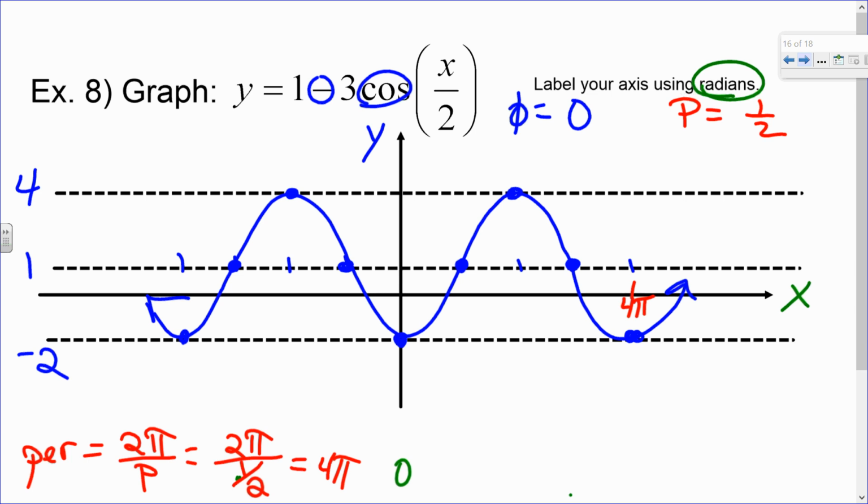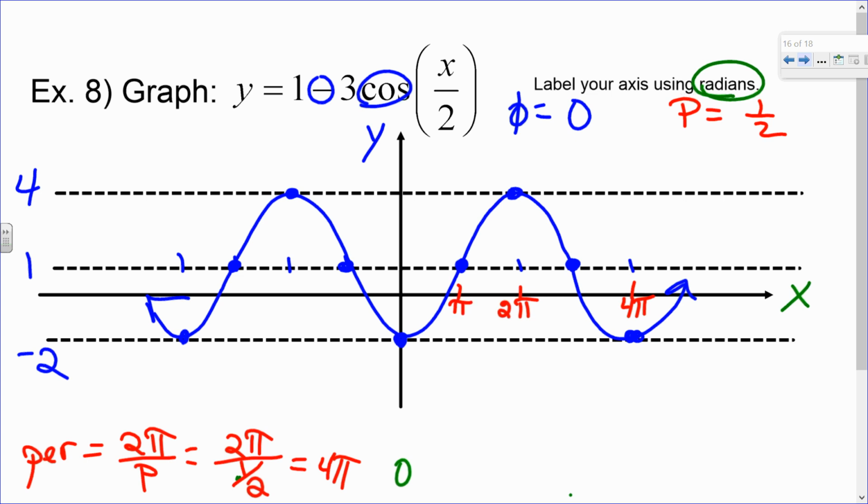Is this max exactly halfway between two mins? What number is exactly halfway between 0 and 4 pi? Is this center line exactly halfway between this min and this max? So what number is exactly halfway between 0 and 2 pi?